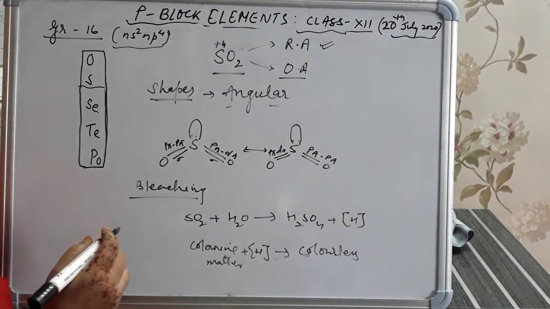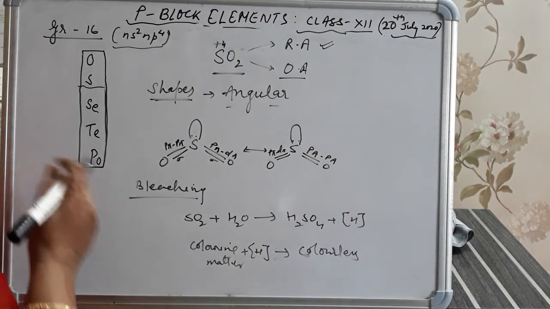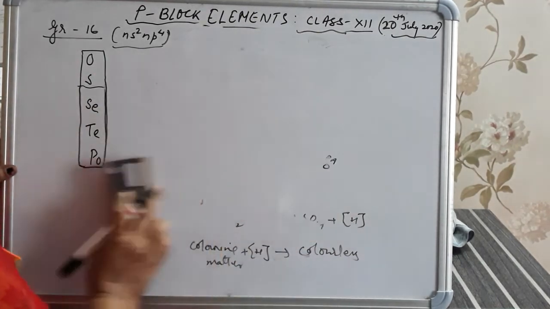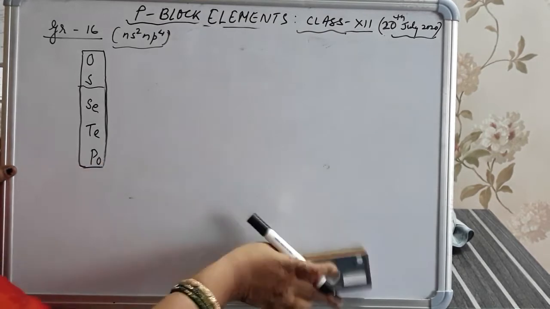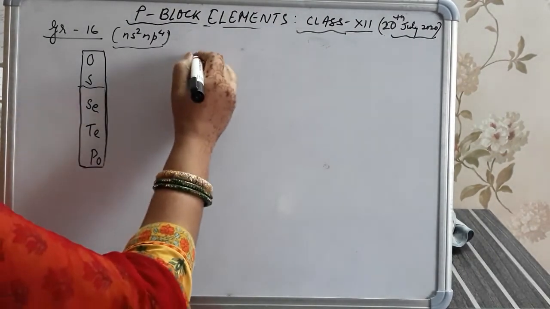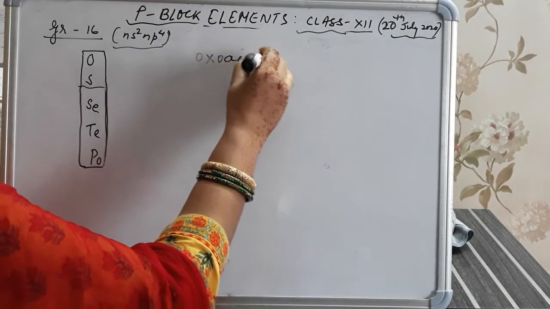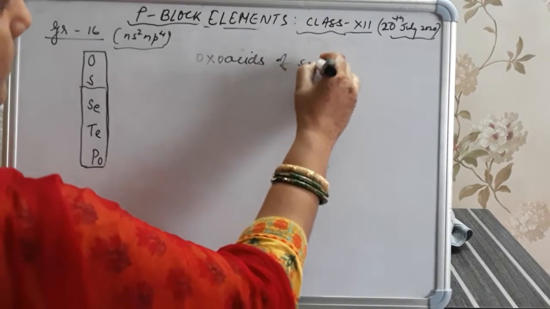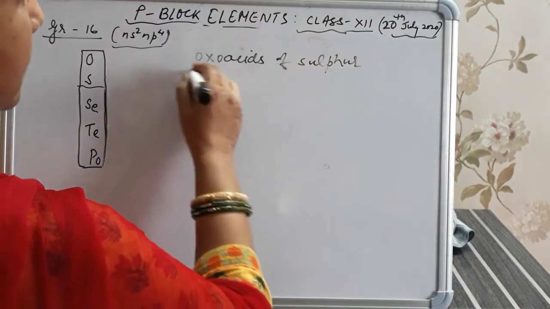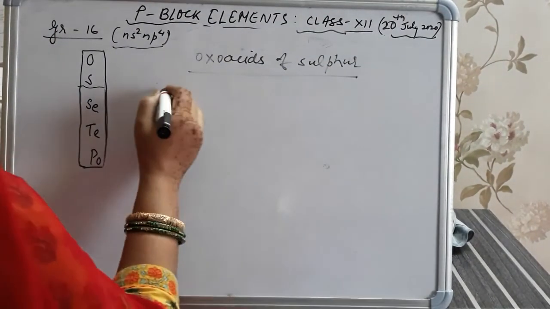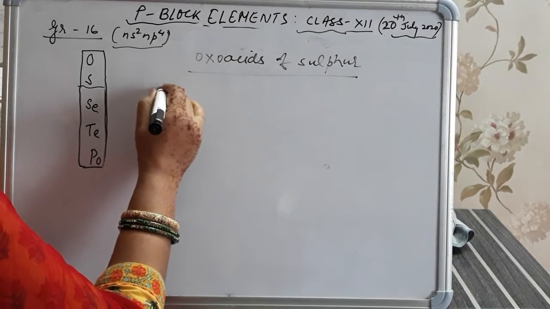Now we discuss the oxo acids of sulfur. Our next topic is oxo acids of sulfur. A number of oxo acids are shown by sulfur, like sulfurous acid.